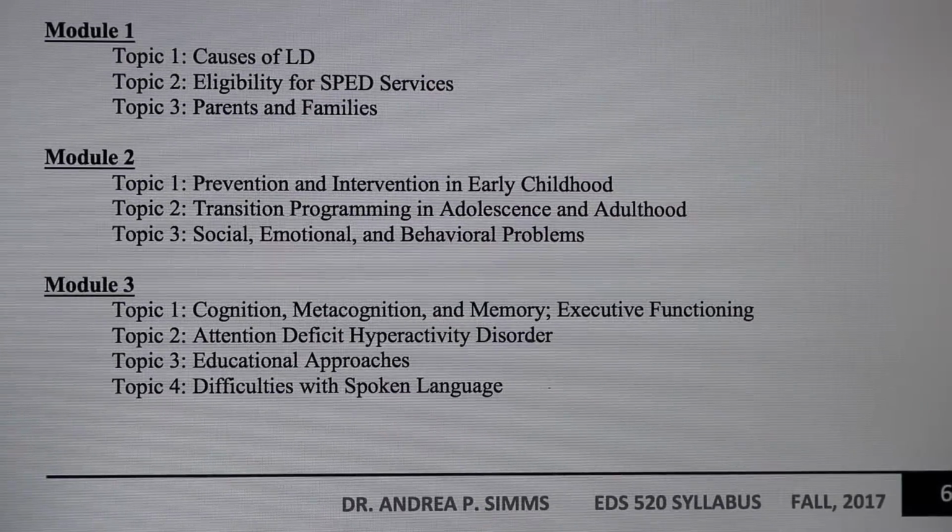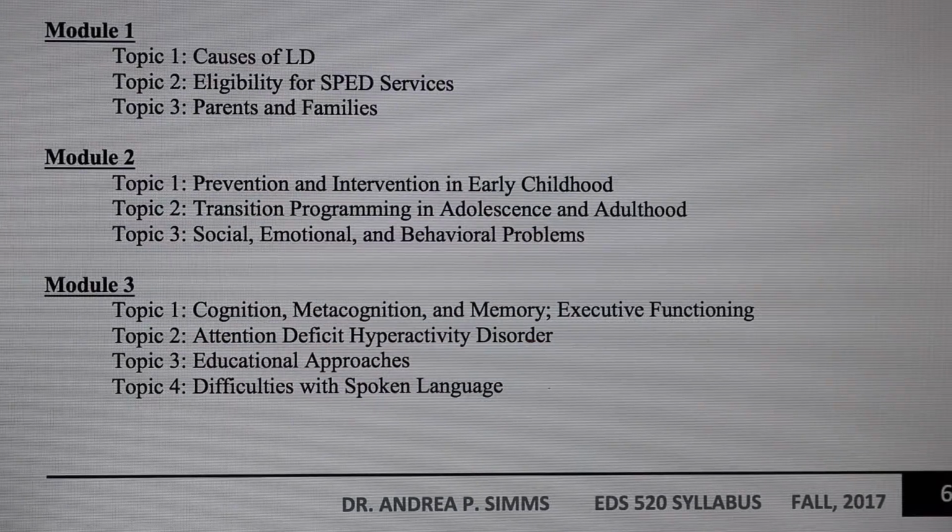Module 3 has 4 topics: cognition, metacognition, and memory, executive functioning. Topic 2, attention deficit hyperactivity disorder. Now, some of you might have done EBD. Some of you probably even did EBD with me. You would have covered ADHD. You will see that I'm going to make a note about this.